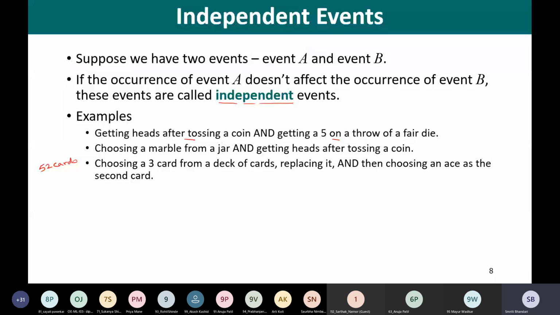Once again, we are replacing that card in our deck, so we have 52 cards as it is. And then my event B is choosing an ace as the second card. So this is event B and this is event A.